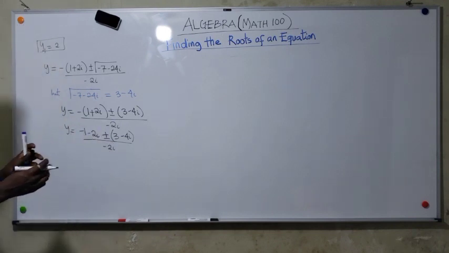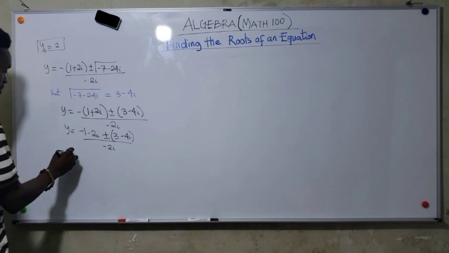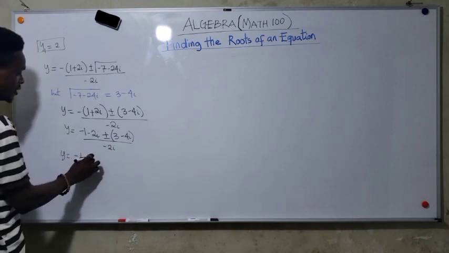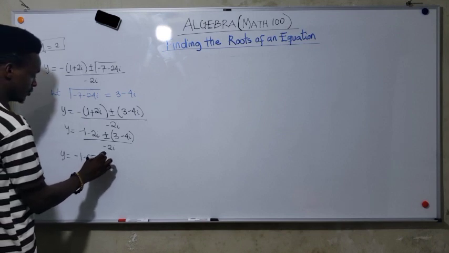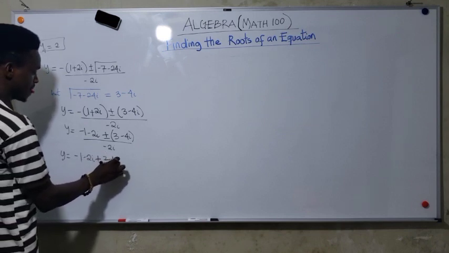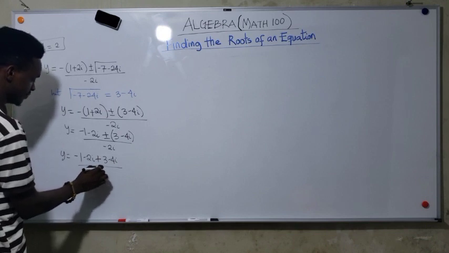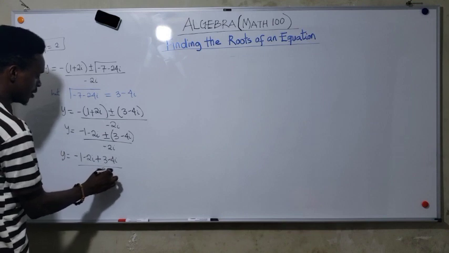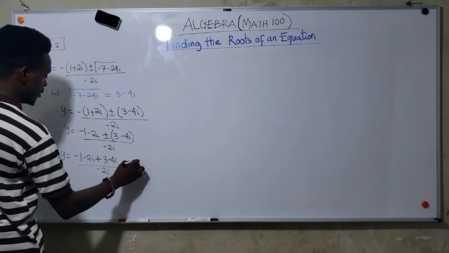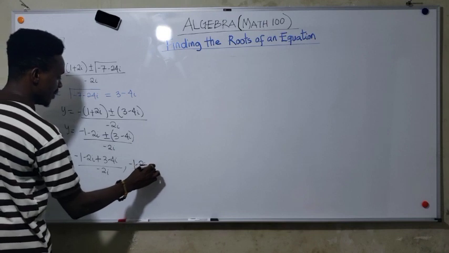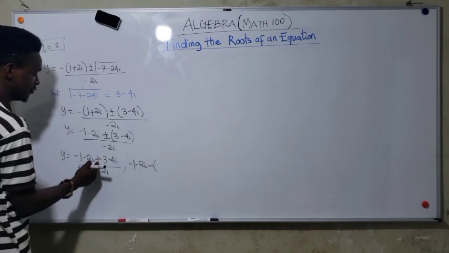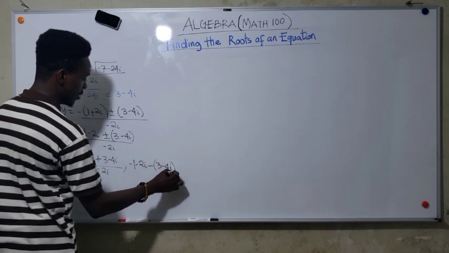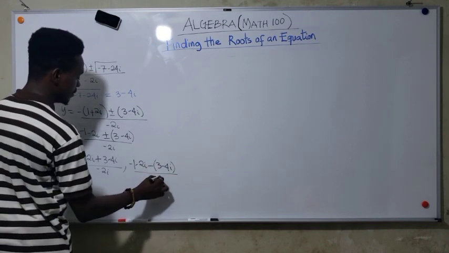Because we have plus or minus, we share this. So we have y as minus 1 minus 2i plus 3 minus 4i, all divided by minus 2i. We also have minus 1 minus 2i minus parentheses 3 minus 4i, all divided by minus 2i, because we use plus in the first case and minus for the second case.